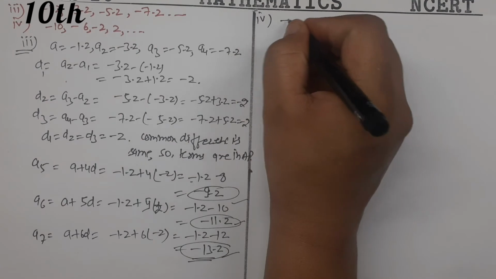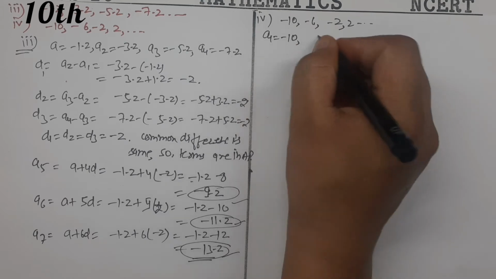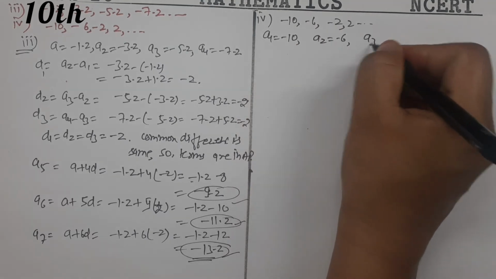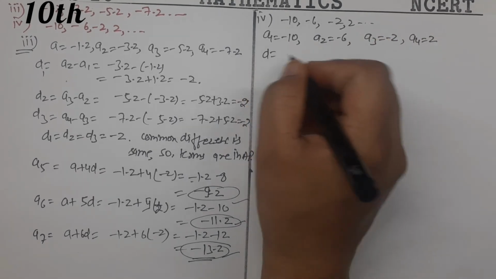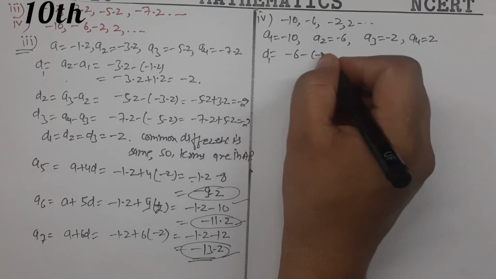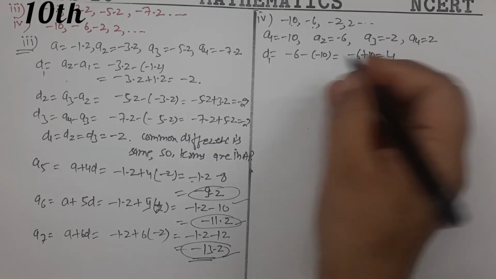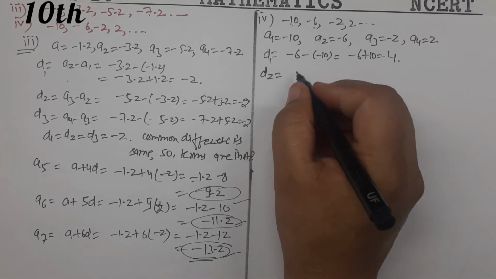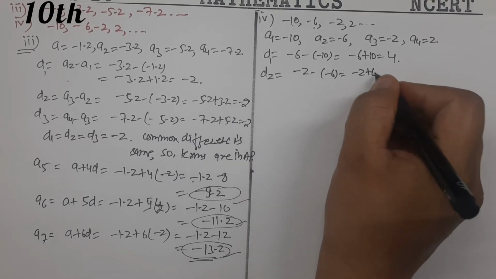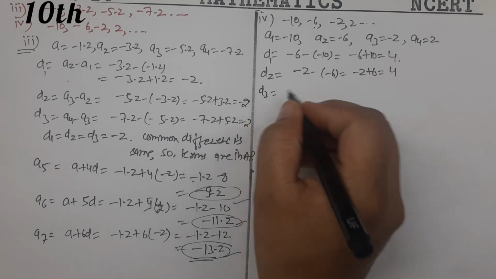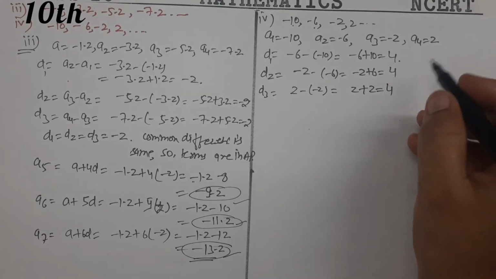Part 4th. a1, a2, a3, a4. d1 = -6 minus -10, open the bracket, becomes 4. Next d2 = a3 minus a2, also 4. d3 = a4 minus a3 becomes 4.